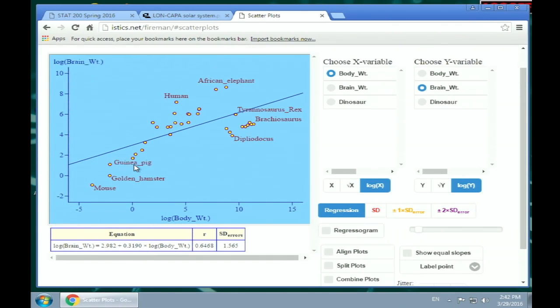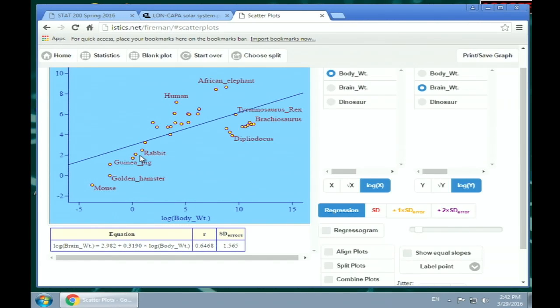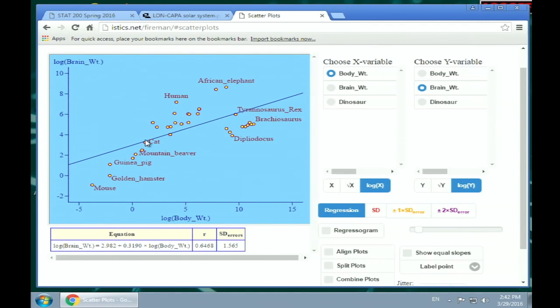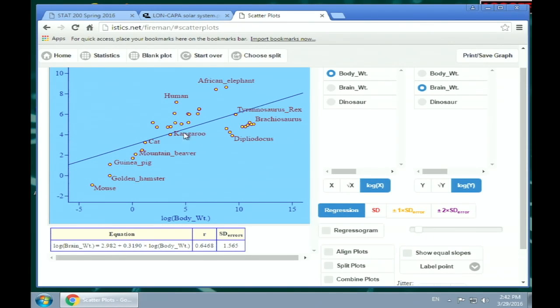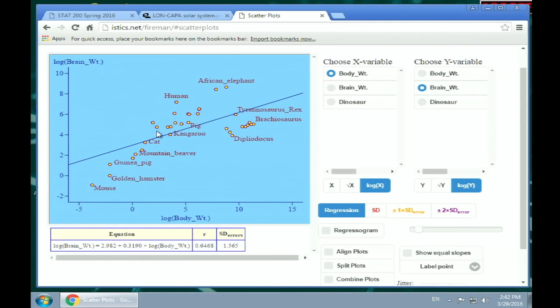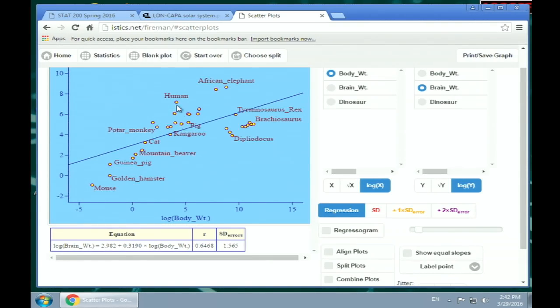These little animals are well below. Who's this? The cat is exactly, see, it makes a good prediction. Perfect for these middle animals here, the cat and the kangaroo, pretty good for these. But it's not very good for these dinosaurs and not very good for these small animals.